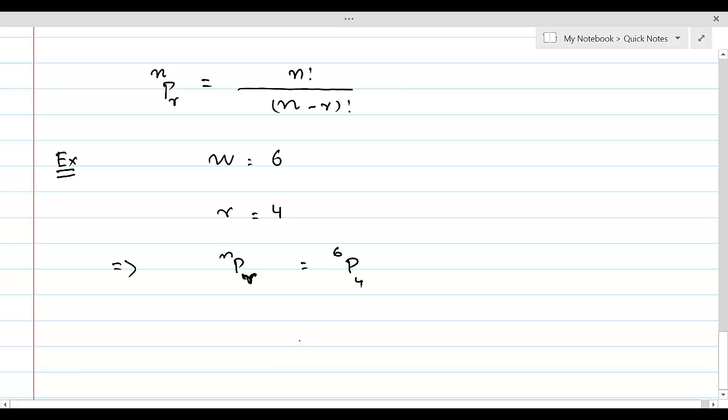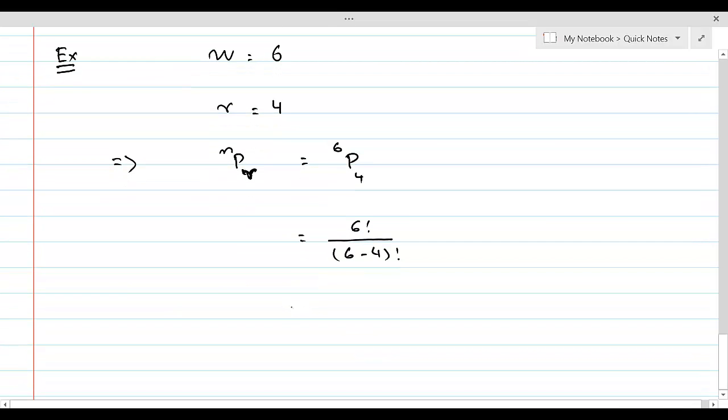6P4 is equal to 6 factorial divided by 6 minus 4 factorial, and this is equal to 6 factorial divided by 2 factorial.